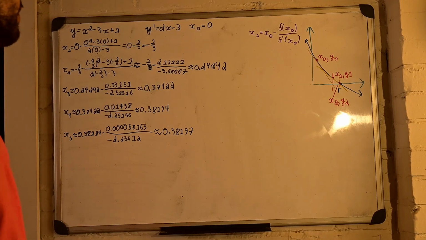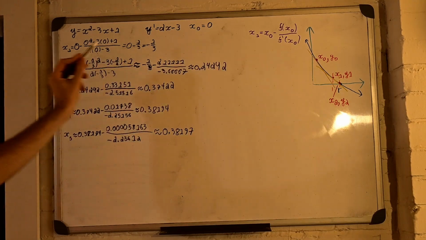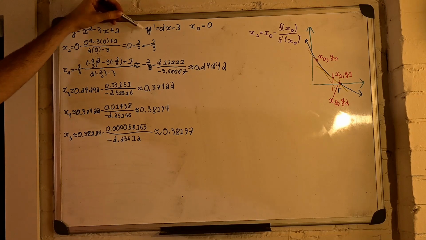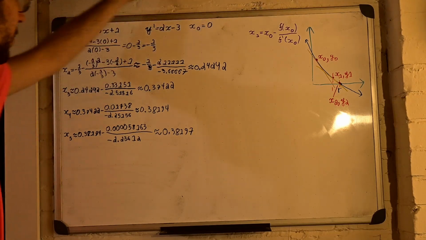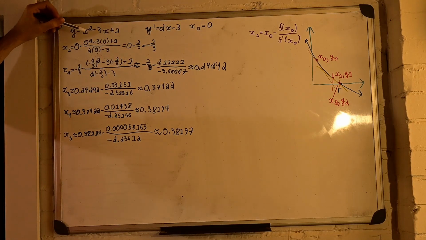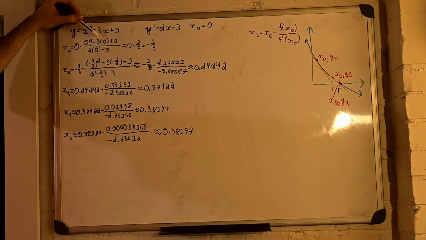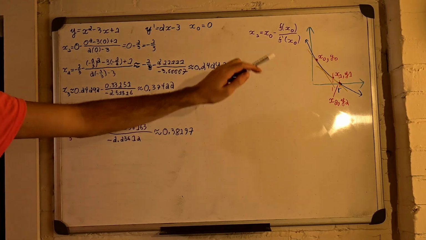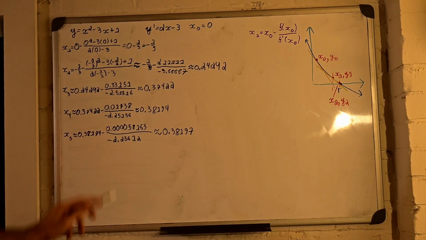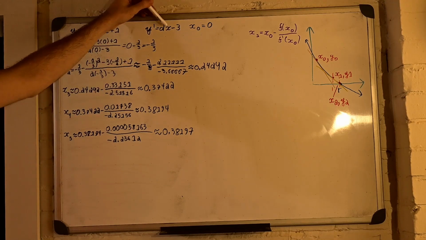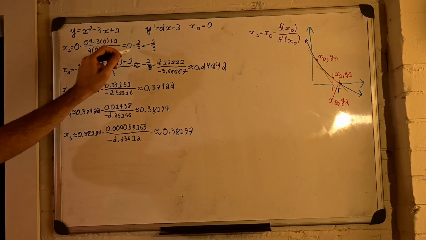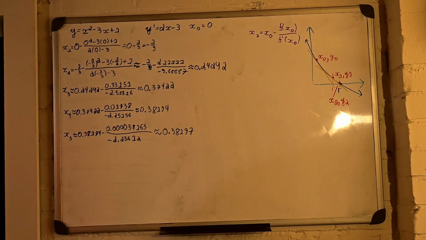You take your function and plug in 0: 0 squared minus 3 times 0 plus 1, divided by f prime of x0, the derivative, 2x minus 3 with 0 plugged in. And that's it. You get 0 minus 1 over negative 3, which equals 1 over 3.